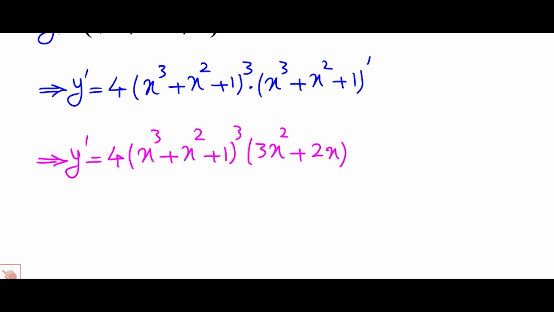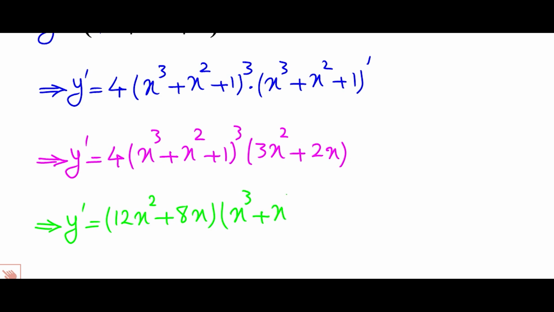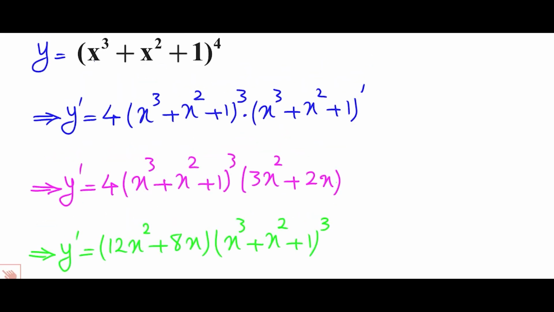So y prime is equal to 4 times 3x squared plus 2x, which is 12x squared plus 8x times x cubed plus x squared plus 1 whole cubed.